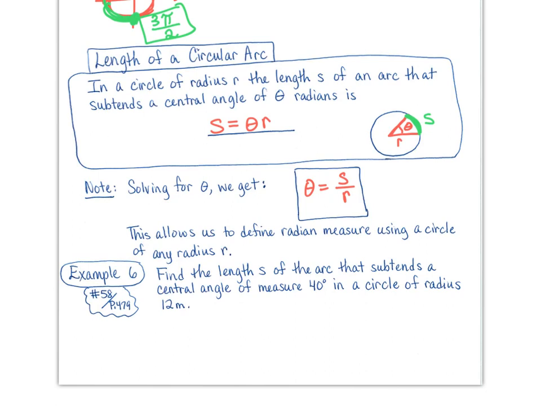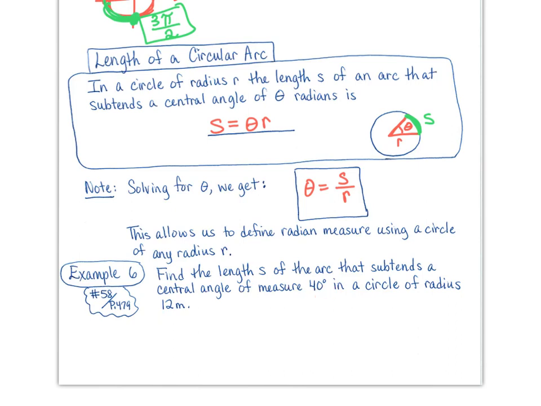Now we are going to find the length s of the arc that subtends a central angle of measure 40 degrees in a circle of radius 12 meters. Here, theta is in what? Radians. What did I give you theta in terms of here? Degrees.